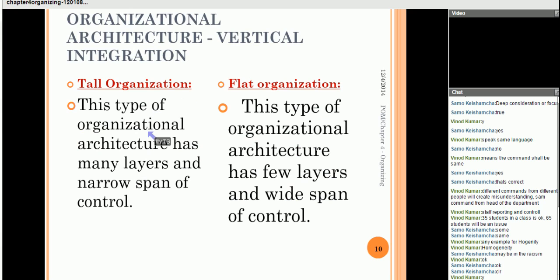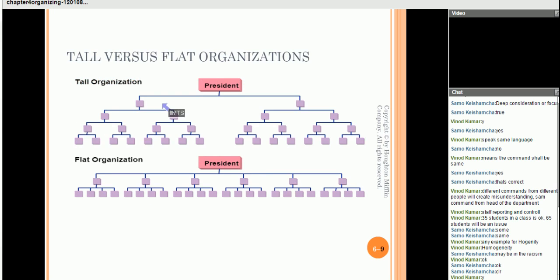Then tall is this type of organizational architecture that has many layers and a narrow span of control. You can see it's 1, 2, 3, 4 and 5, five layers, and a narrow span of control. Under the president, just two people are reporting. Under this person, just two people are there.